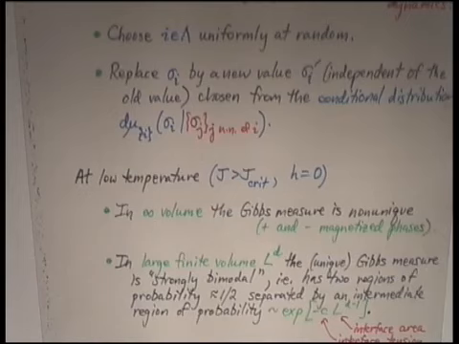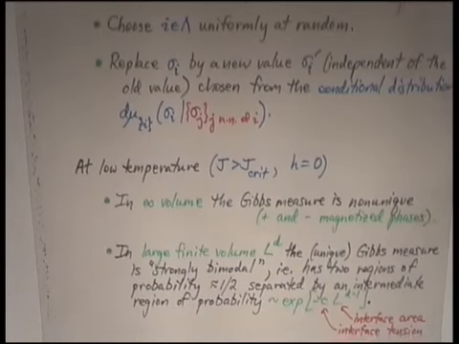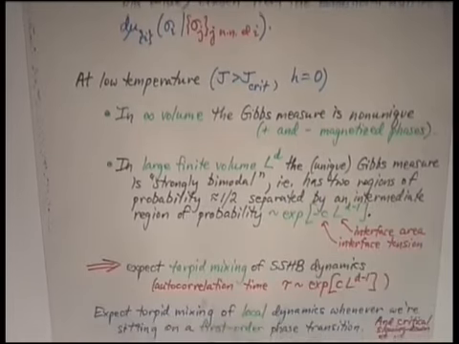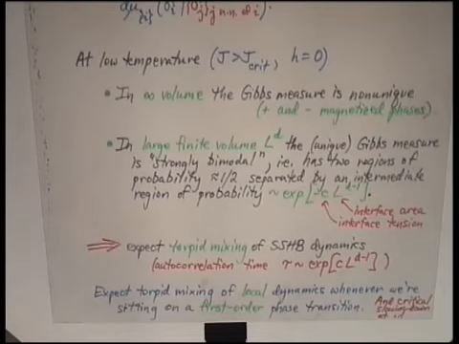What's the story in large finite volume with, let's say, free boundary conditions? So large finite volume with boundary conditions that do not favor plus or minus, either free boundary conditions or periodic boundary conditions, some neutral boundary conditions. Well, there's a unique Gibbs measure. It's written down by the formula, but it has the property that it's strongly bimodal.